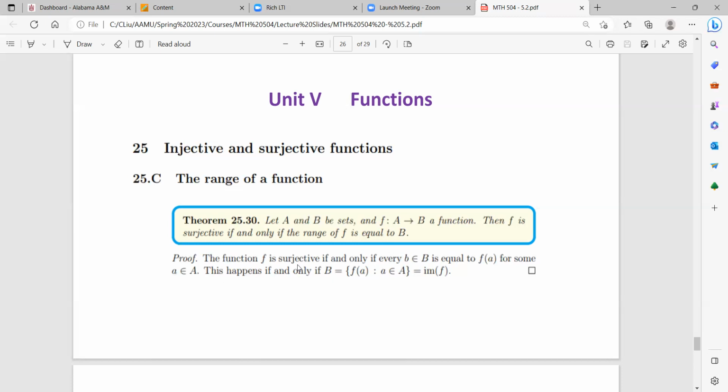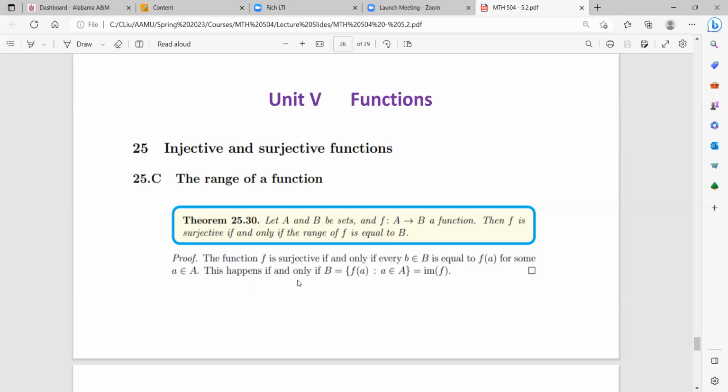Namely, the function f is surjective if and only if for every element b in the set B, the codomain, b is equal to f(a) for some a in the domain. That's the definition of a surjective function.